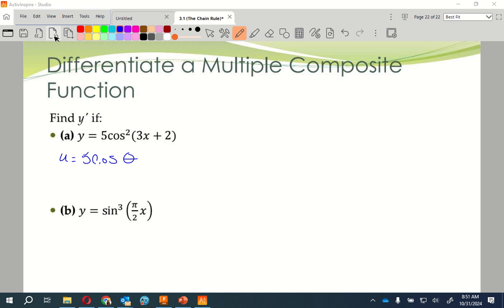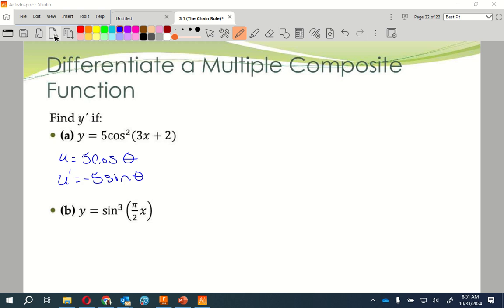Because that's another one, right? There's a function in a function, so this is another part of the chain right here. And this one right here, because I could say u prime is going to be -5 sine theta.